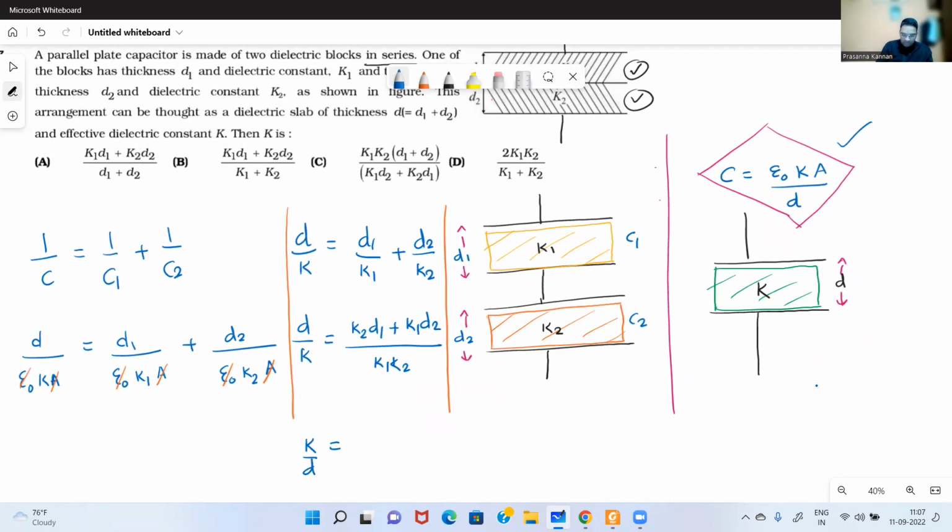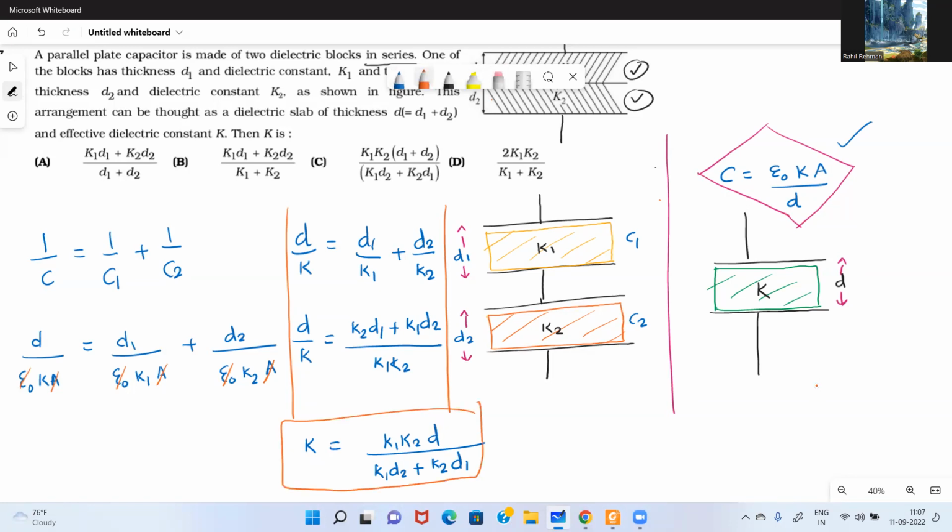K by D will be equal to K1 K2 divided by K1 D2 plus K2 D1. Correct. Now this D, can I take it to the right side? Yes, sir. So this will be my result for the K, correct? K will be equal to K1 K2 into D divided by K1 D2 plus K2 D1. Clear?